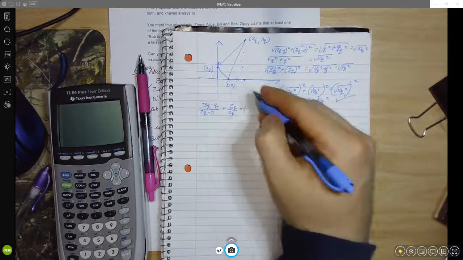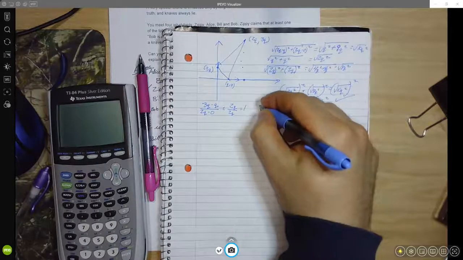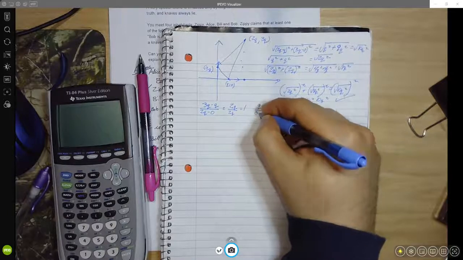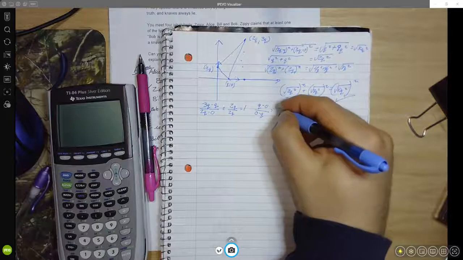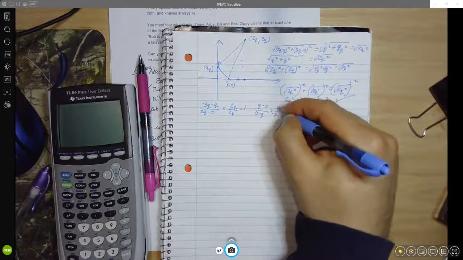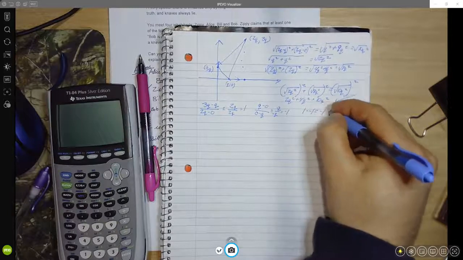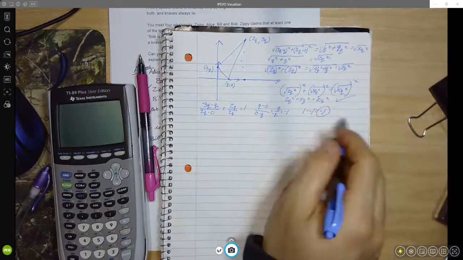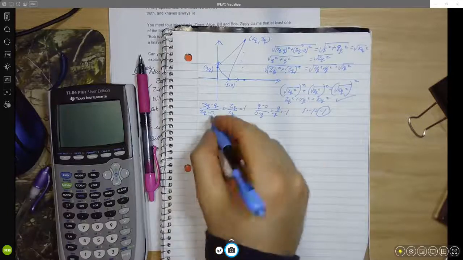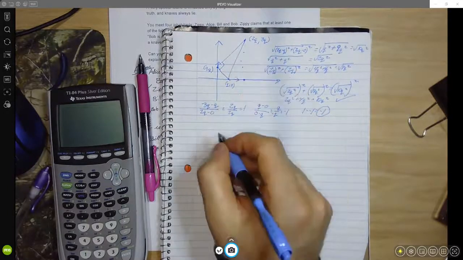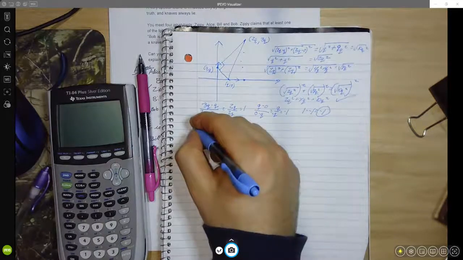If you do this line, change in y over change in x, you get q over -q, which is -1. And 1 times -1 is -1. Since the product of the slopes is -1, it must be 90 degrees. So then it must be a right triangle. Two different ways to do that one.